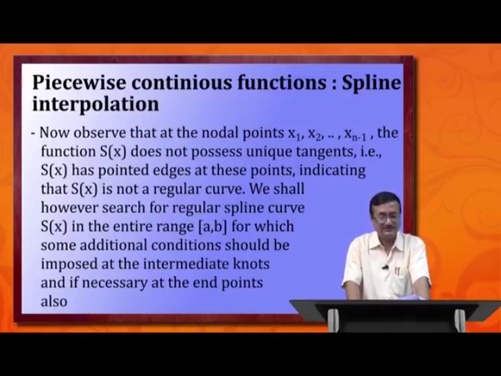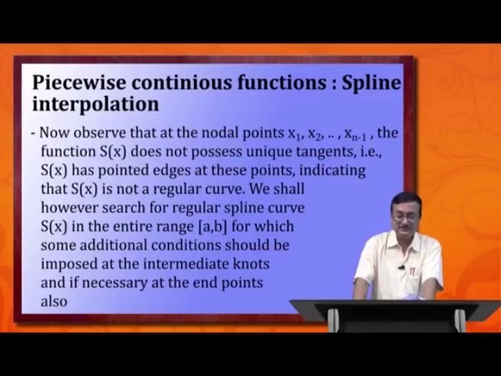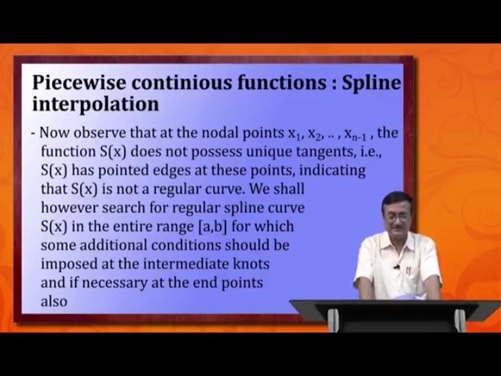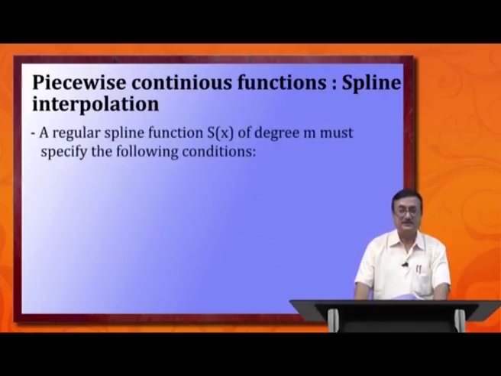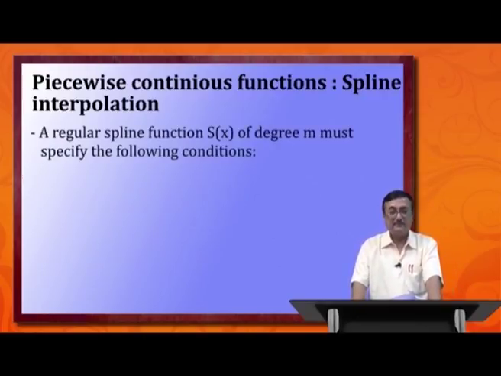We shall, however, search for regular spline curve S(x) in the entire range of [a, b], for which some additional condition should be imposed at the intermediate nodes and if necessary at the endpoints also. A regular spline function S(x) of degree m must satisfy all the following conditions.